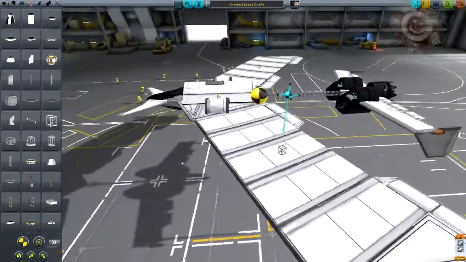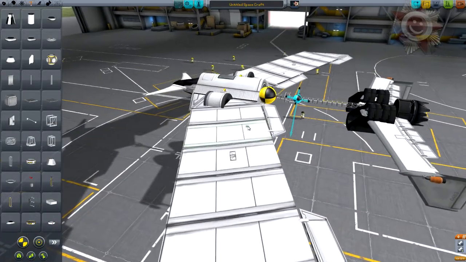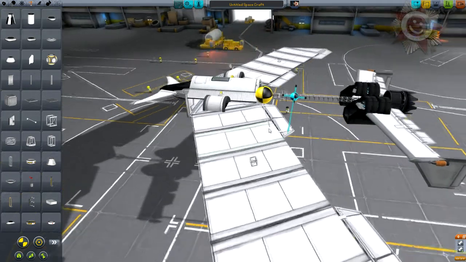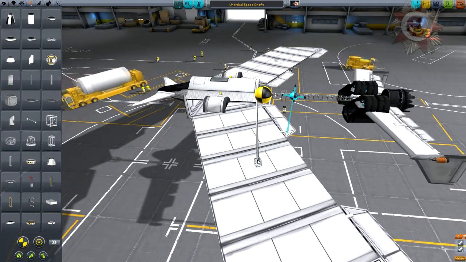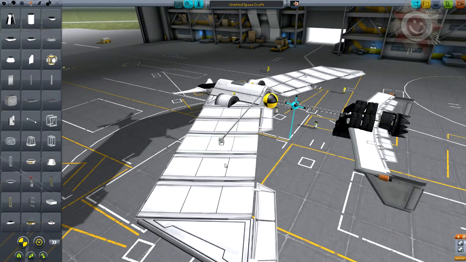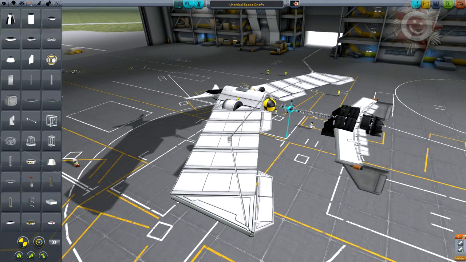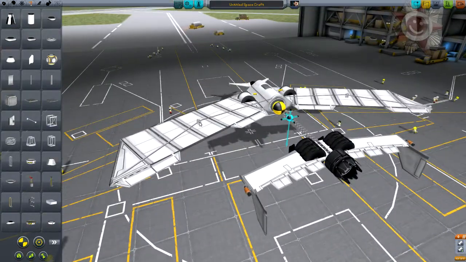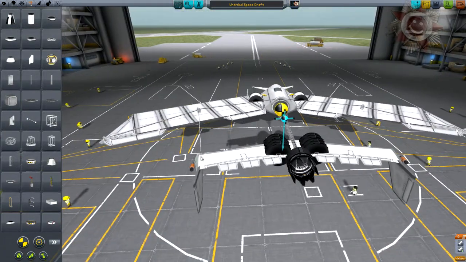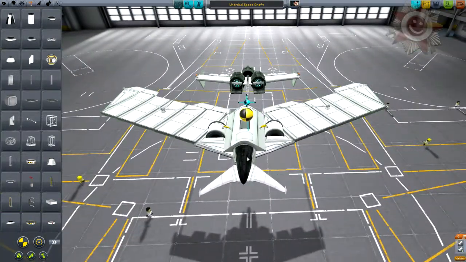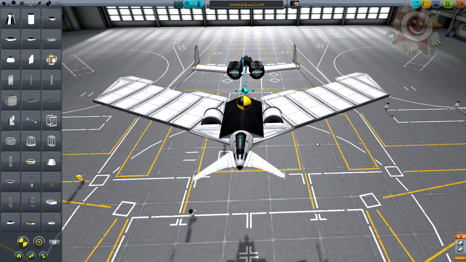And we can place these struts, run them like so, and then have one for the wingtip and one for the tail, and I think that will be rock solid.